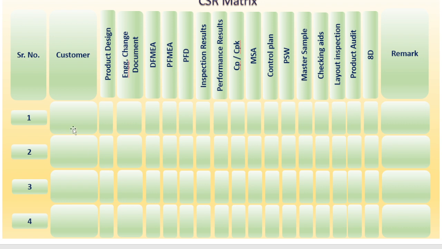If for serial number one the customer requires it, you can tick here. If not required, you can cross. Like that you can make the matrix, so that your organization or people will understand the customer specific requirements.